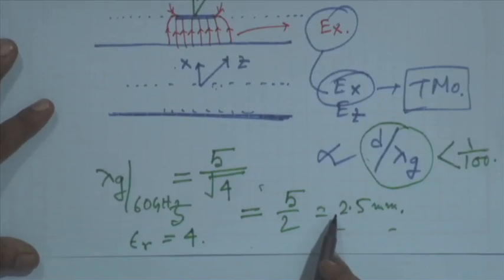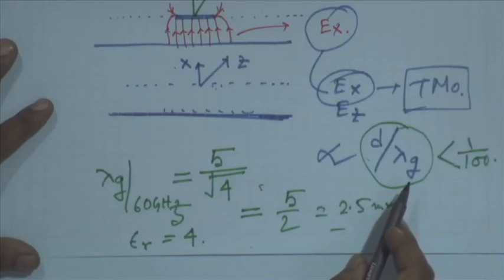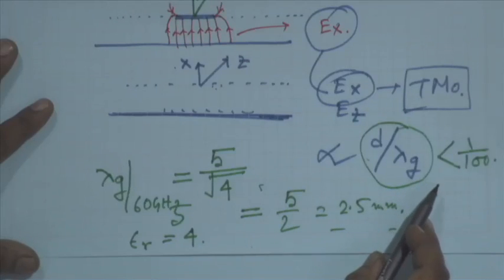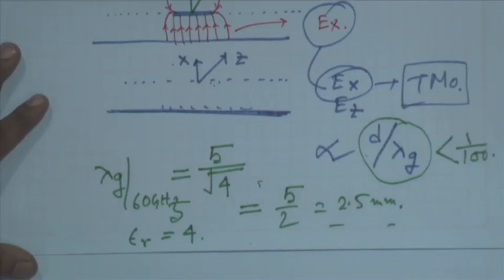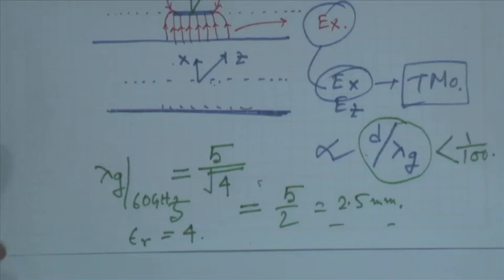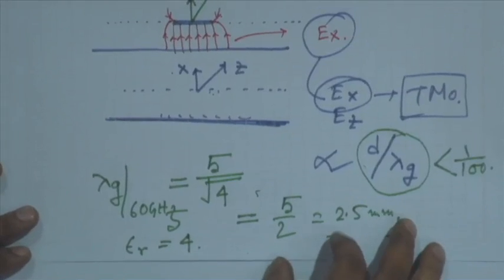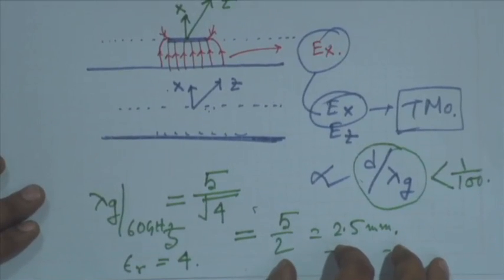So, what do you expect? Even if I consider a 10 mil or 20 mil thick substrate, we can't neglect the effect of surface wave at millimeter wave frequencies. And the problem of surface wave is not only the power loss, but also crosstalk between two side by side lines.